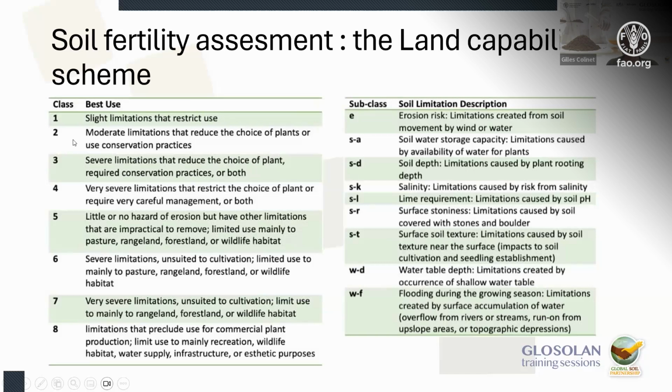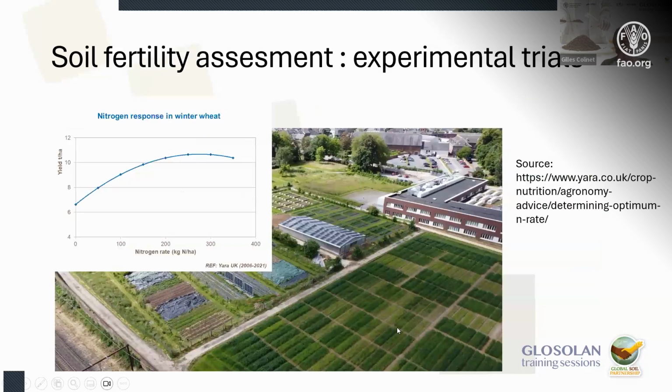Class 1 is slight limitations, then you have moderate limitations, severe, very severe, and so on. Then you have subclasses which define the type of limitation, such as erosion risk, soil water storage, salinity, and so on.